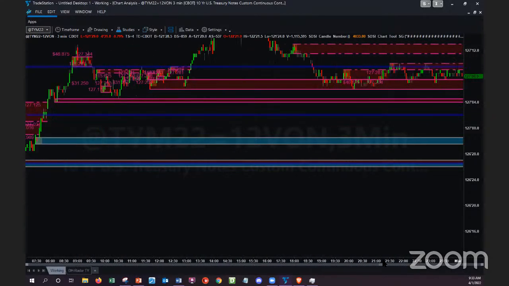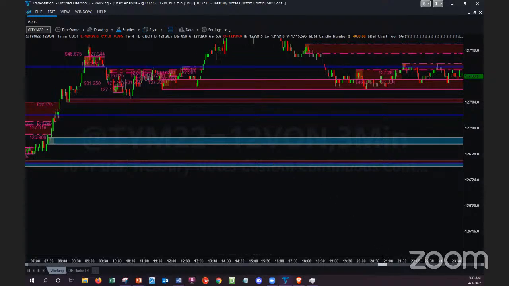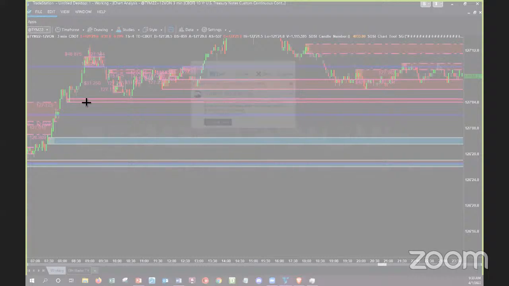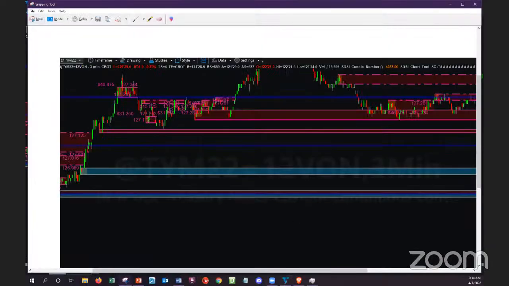So let's do a screenshot of this section through here. This is where we started seeing differences in bands. So this is the TYM22.